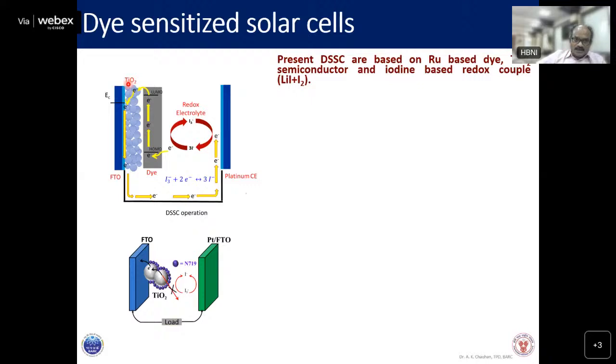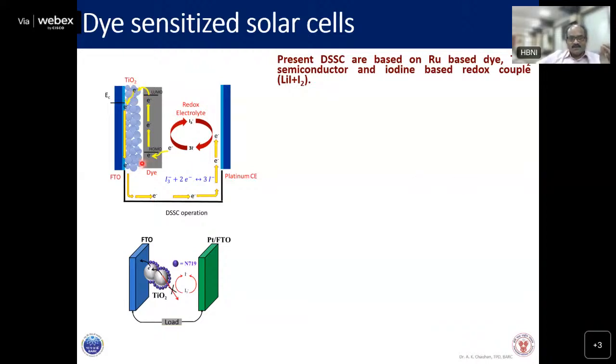So it is like this. Glass, over that you have an FTO layer. Light will come from this side, and above that you have put a semiconductor which is TiO2. Over that semiconductor you have placed a dye. You consider this TiO2, which you have just dipped inside the dye. So over all these big balls, the dye will be attached.